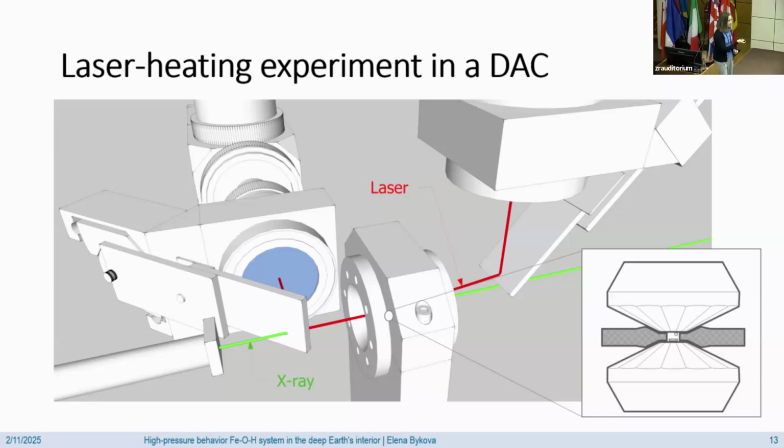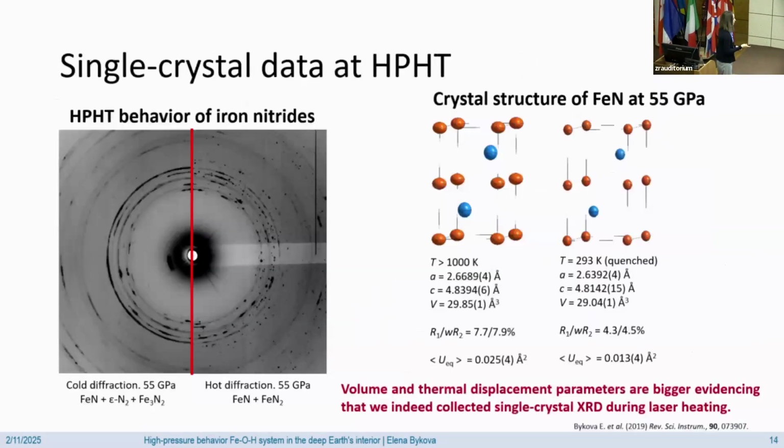So lasers just stay in the same position during the heating. These setups are realized right now only in 2 places in the world, at DESY and also at ESRF at the ID27 beamline. And they, in principle, allow us to do such kind of experiments. So you rotate the lasers together with the sample.